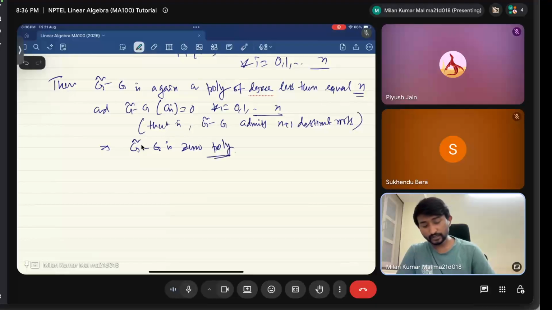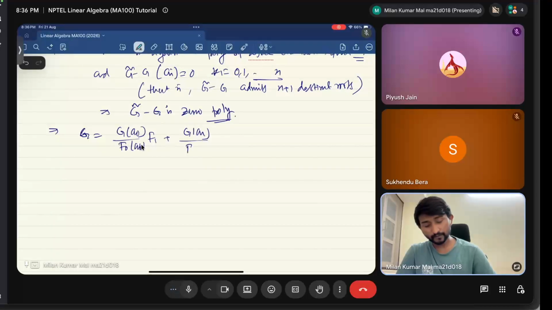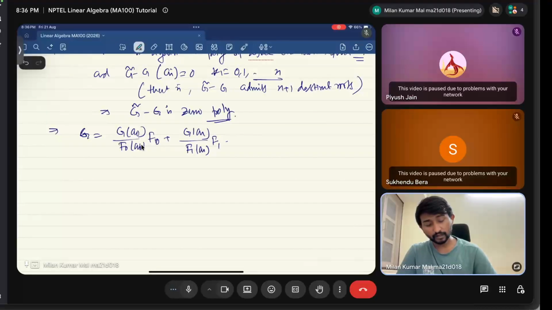So this is established: g is equal to g of a0 f0 plus g of a1 f1 plus all the way to g of an fn.